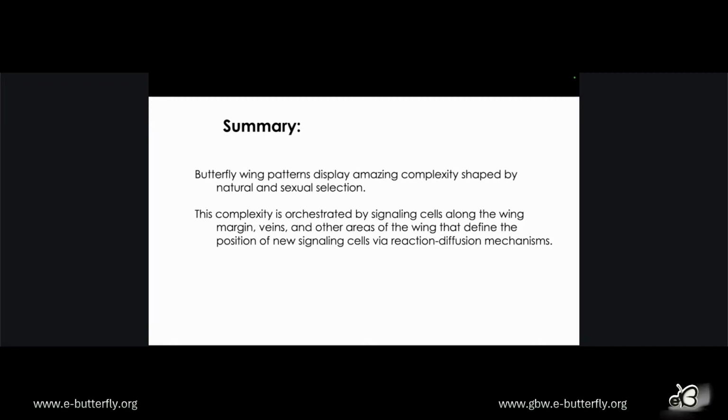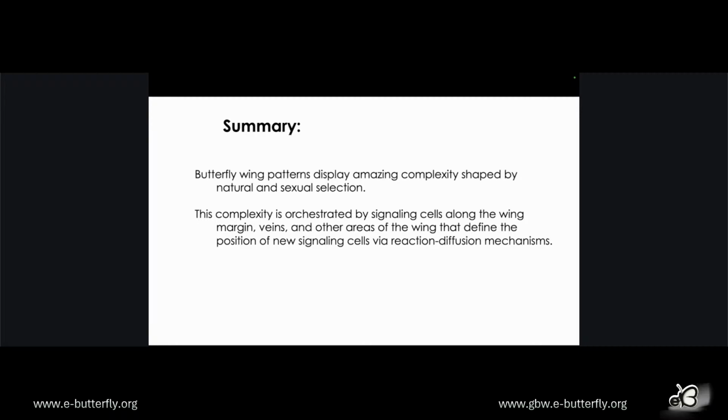But this complexity is orchestrated by signaling cells along the wing margin, the veins, and other areas of the wing that define the position of signaling centers. There are reaction diffusion mechanisms taking place. And so there's a default mechanism for patterning the veins and the wing patterns. Obviously, the wing pattern programs are constantly evolving.